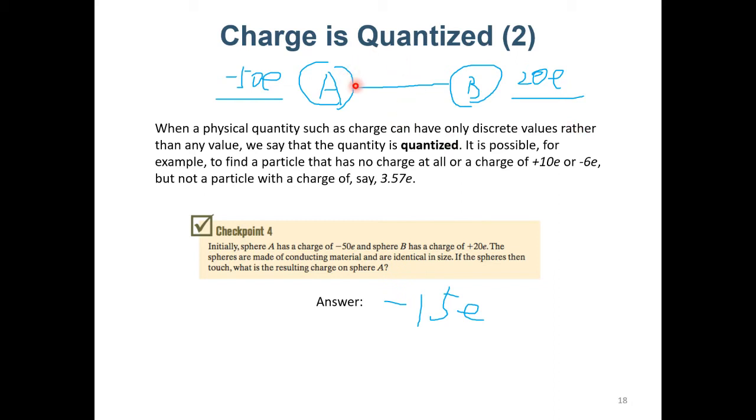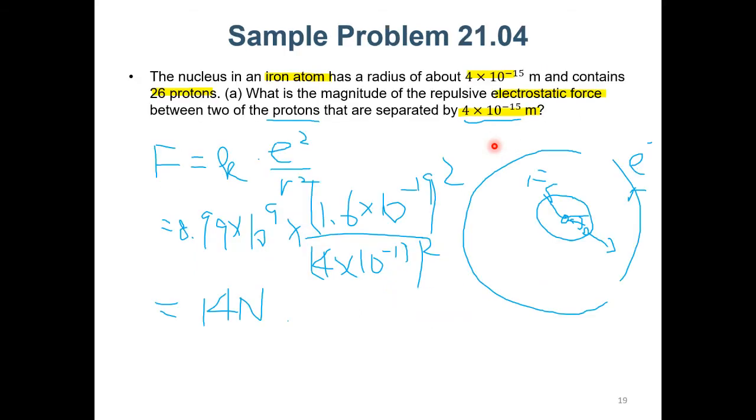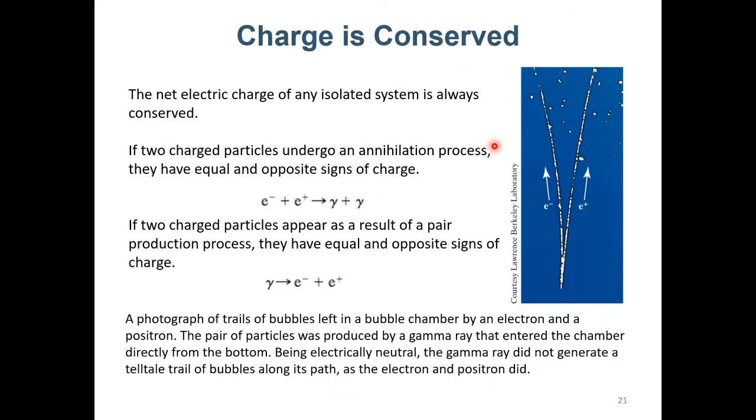And after you use a small wire to connect them, the total charge is still negative 30e, so you cannot create or destroy a charge.